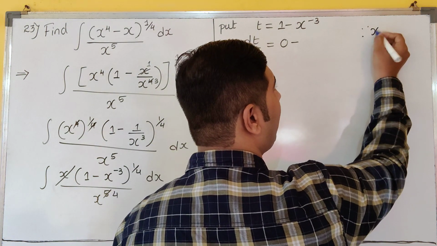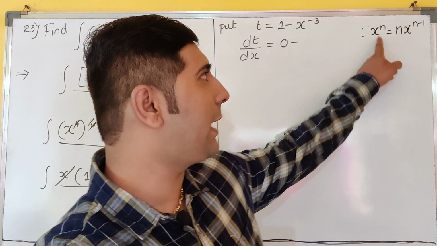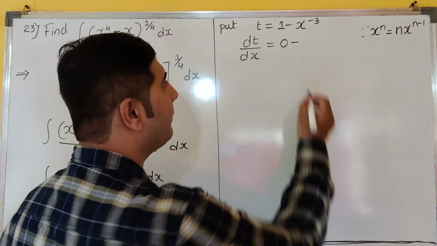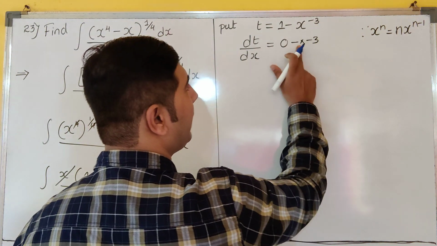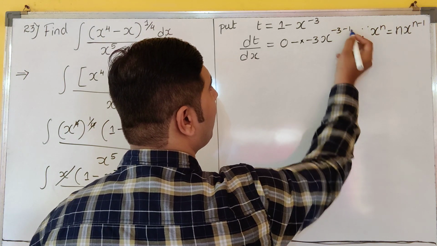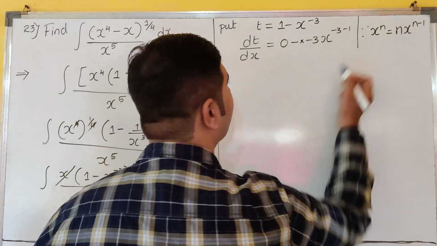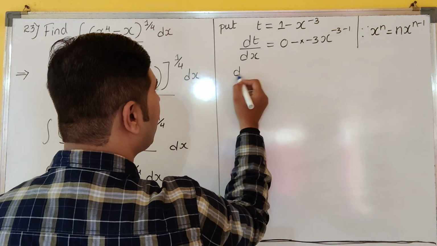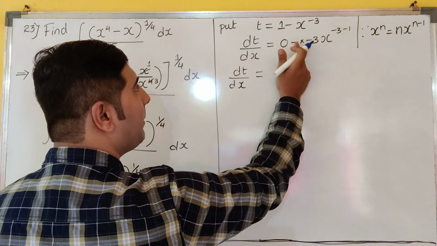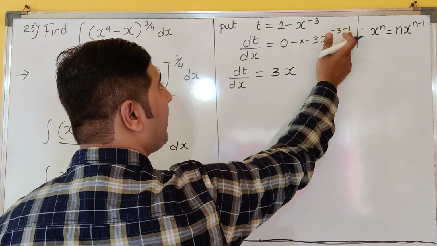The n value is minus 3, so I can write minus 3 into x raised to minus 3 minus 1. Understood this? So now see how much you will get for dt by dx. Minus into minus is plus, 3 x raised to minus 3 minus 1 is how much?